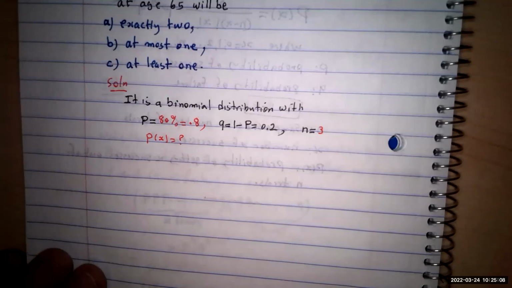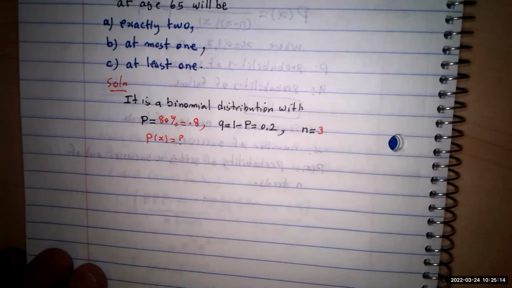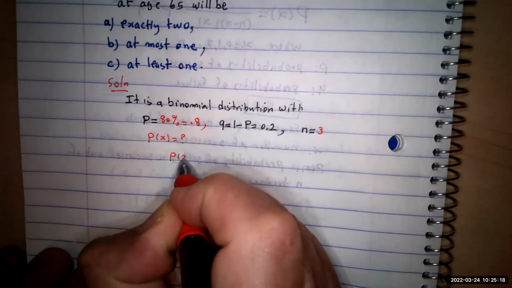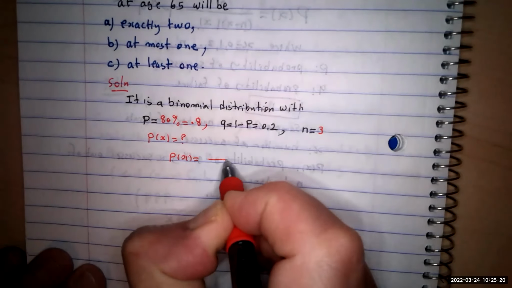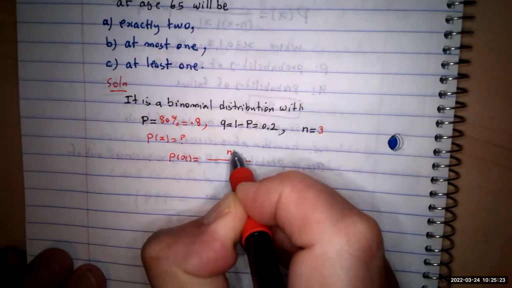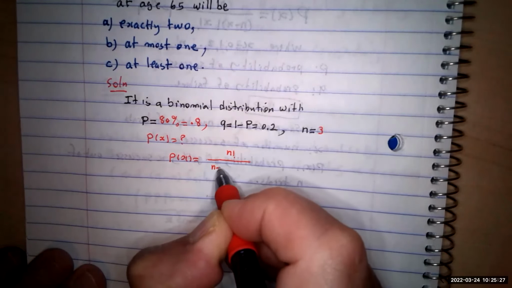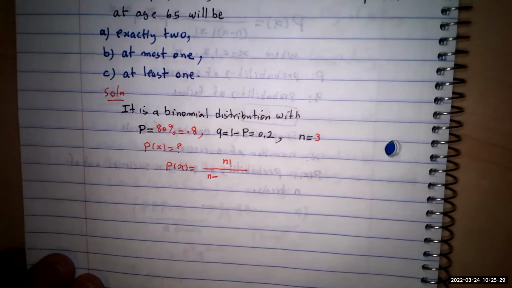Okay, so this is going to be the design of the problem, and you can write your formula if you like, the formula that we did have. Okay, what was the formula? The formula is P of X is equal to N factorial over N minus X factorial times X factorial. In this case it's X, it's got to be R, but in your book it's X, very bad notation.